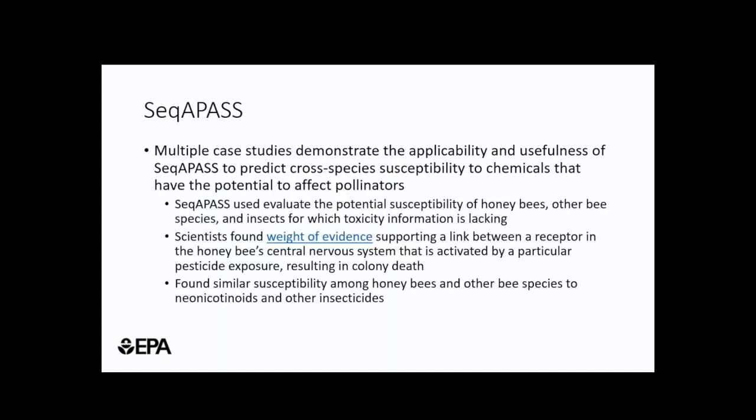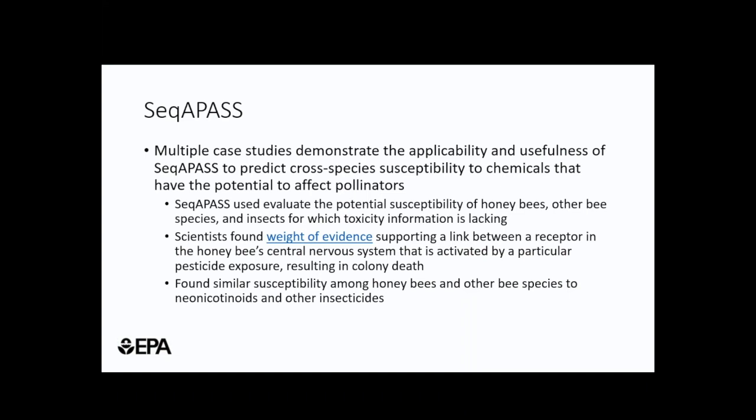There are a couple of publications available on this tool that have specifically looked at pesticides and cross-species susceptibility, specifically for pollinators. A publication put out in 2016 looked at some insect growth regulators, methoxyfenozide and tebufenozide, that are believed to really target lepidopteran pests of crops.